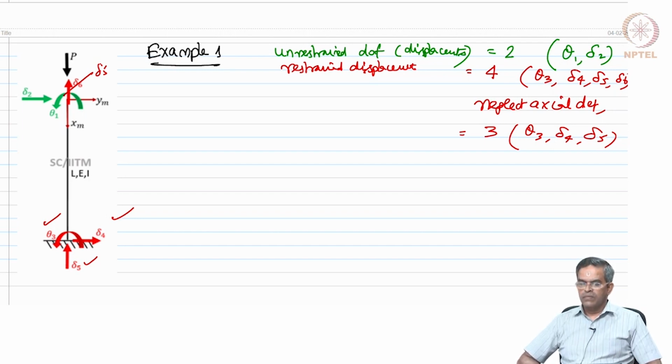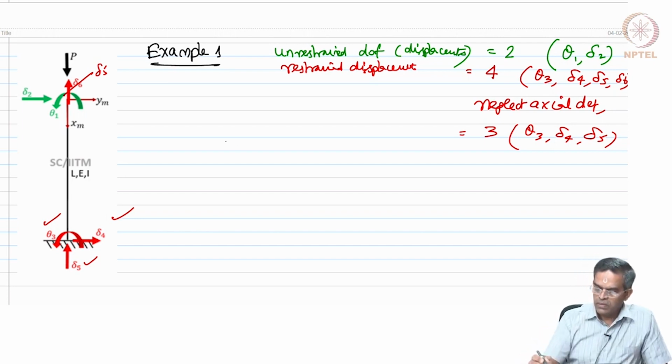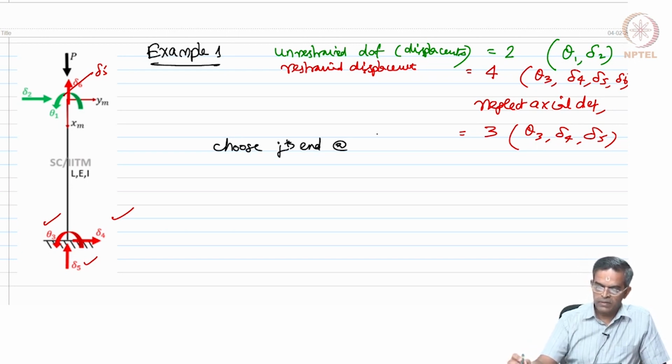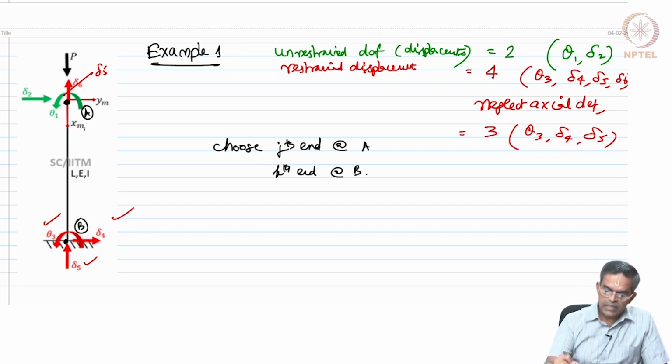So, now we have chosen jth end here, which is marked as A, and this is kth end, which is B. So, this is xm and ym.